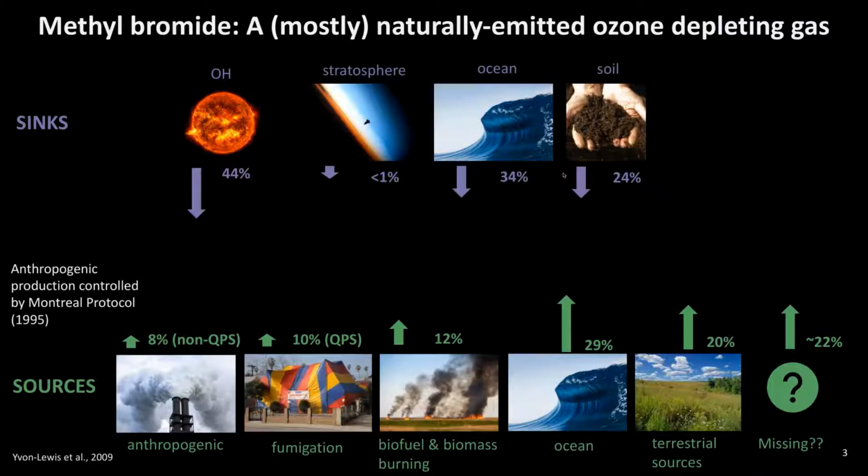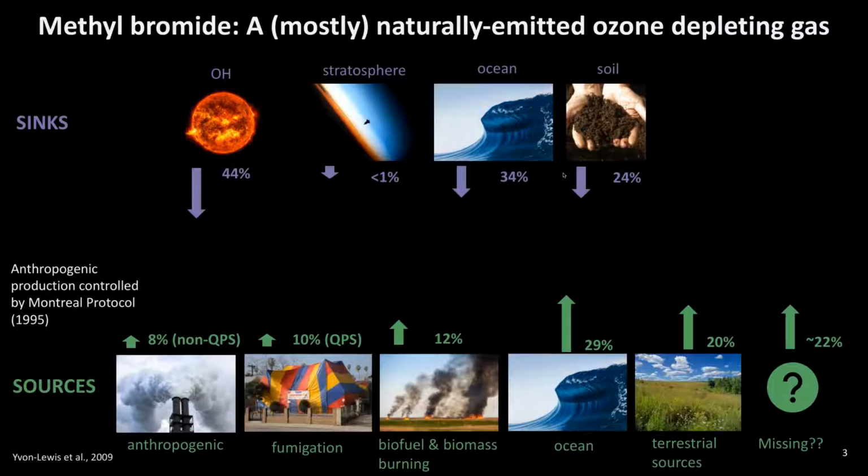In this budget analysis, the ocean was behaving more as a sink. As we move forward into the future, especially right now, we think that the ocean may actually be behaving as a source of methyl bromide to the atmosphere. Methyl bromide is also lost from soil uptake. So as we look at this budget and think about climate change, there are a lot of aspects of the budget that could be impacted by changes in our climate system.